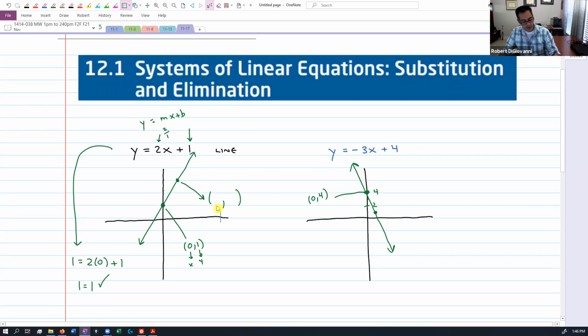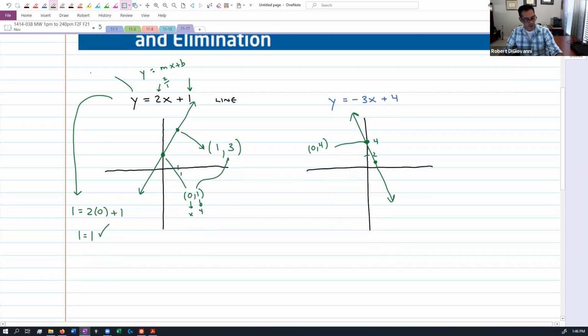So the y coordinate goes up, you add 2 to the y coordinate, right? So that becomes a 3, and then the x becomes a 1. So to the right 1, up 3, right? That should also be a solution to this equation. If I replace the y with 3, replace the x with 1, then I get 3 equals 3, and that's true also, right?